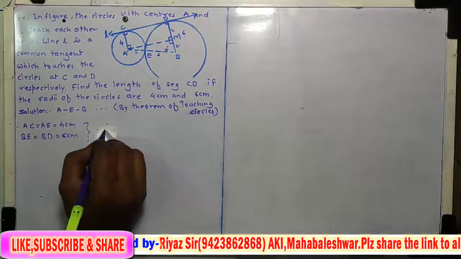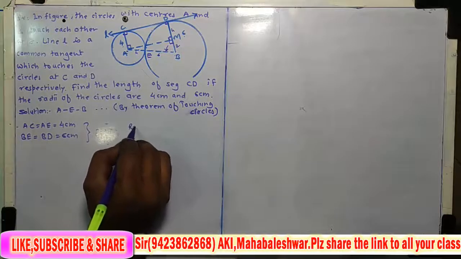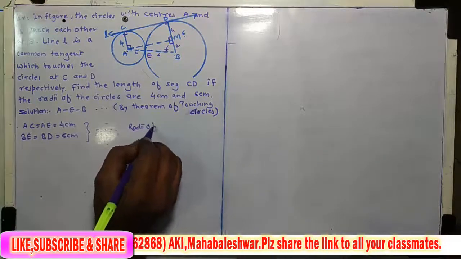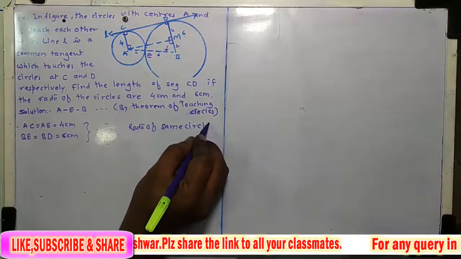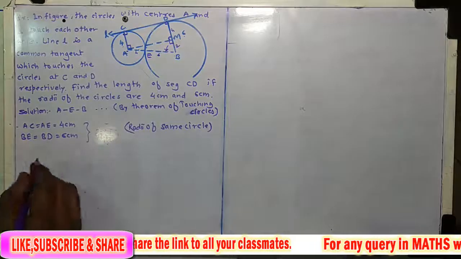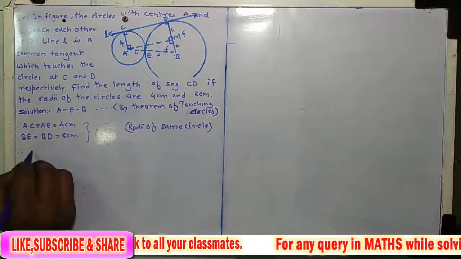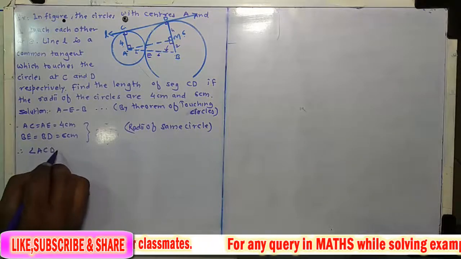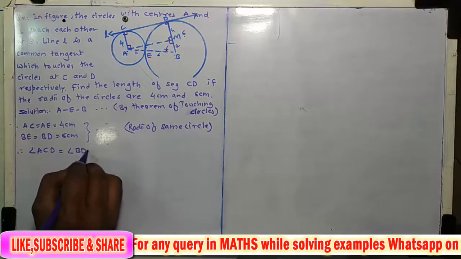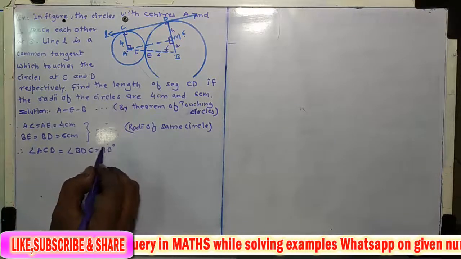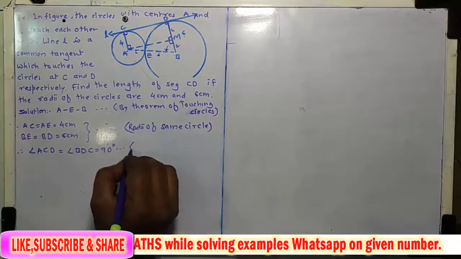The reason for this is radii of same circle. Okay, and therefore angle ACD is equal to angle BDC is equal to 90 degree, and reason for that is tangent theorem.